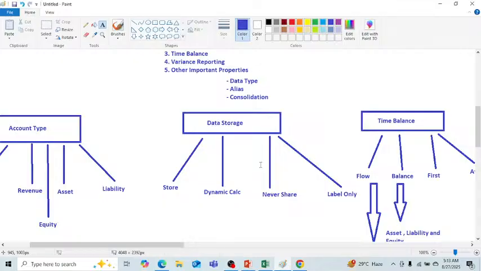However, the profit percentage for a parent member like quarter 1 will be calculated by aggregating the child members of profit percentage, for example January profit percentage plus February profit percentage plus March profit percentage. So this would be incorrect. The correct profit percentage for the quarter should be quarter 1 profit divided by quarter 1 sales, not the sum of the monthly percentages.